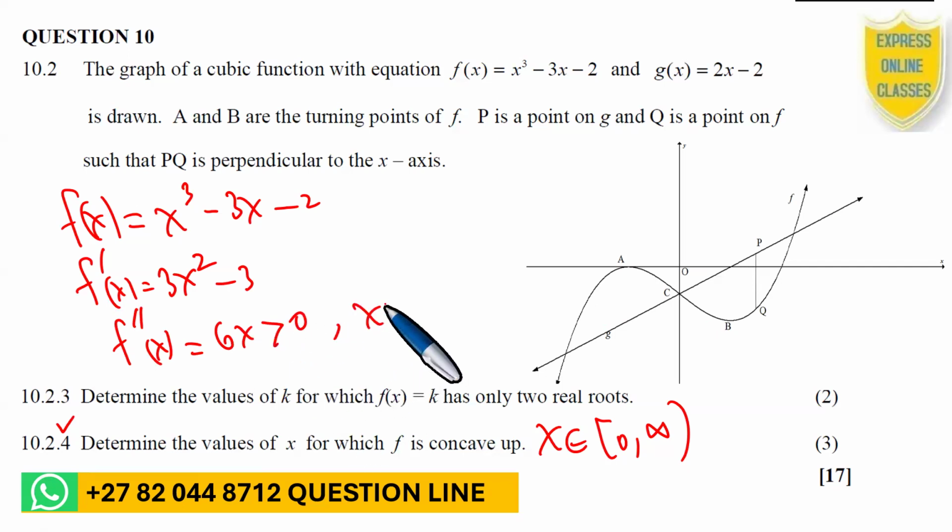Dividing by 6 allows us to get x is bigger than 0. So determine the values of x for which it is concave up, so it is x bigger than 0.